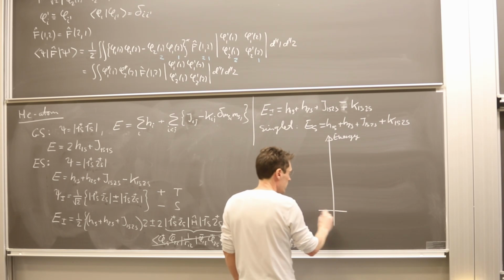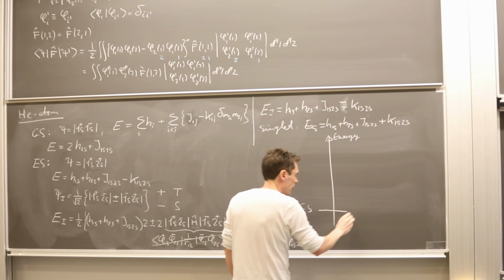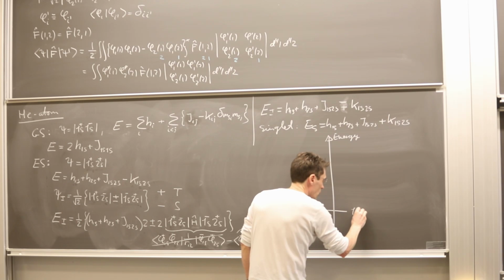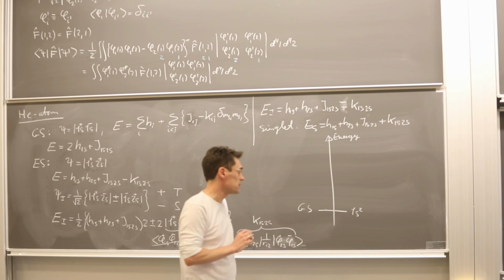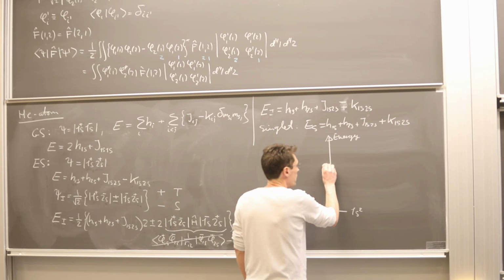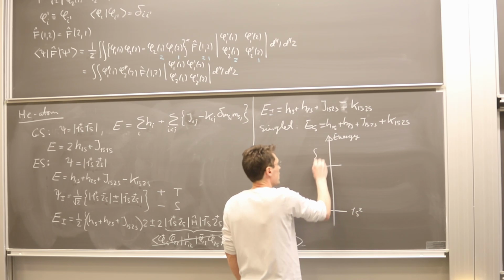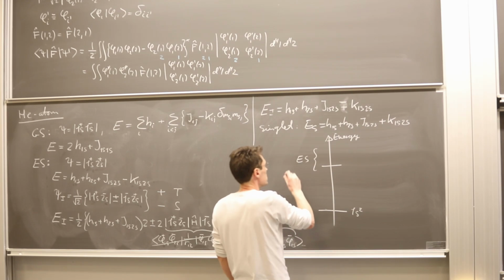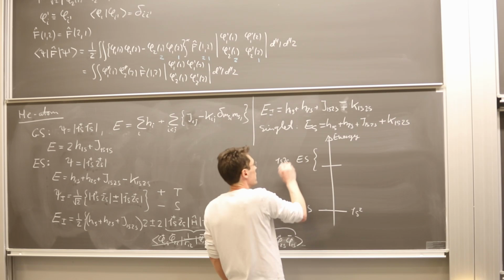The ground state here is the 1s2 state, and this is of course a singlet, they have opposite spin. But then the first excited state, so I have 2 excited states in the 1s, 2s manifold.